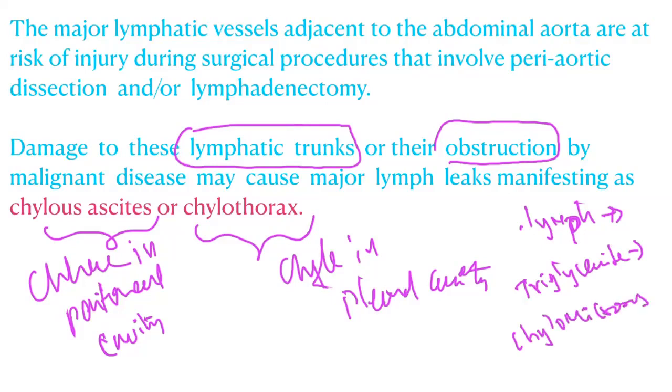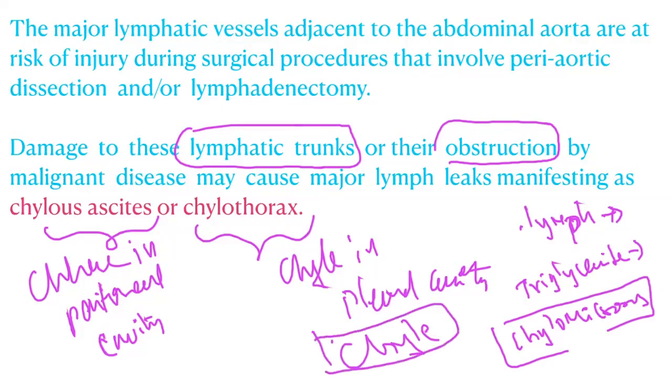Because the lymph from the intestinal tract contains chylomicrons, it is called chyle, right? This chyle is milky white in color. If this chyle is present in the pleural cavity, it is called chylothorax, or if it is present in the peritoneal cavity, it is called chylous ascites, right?